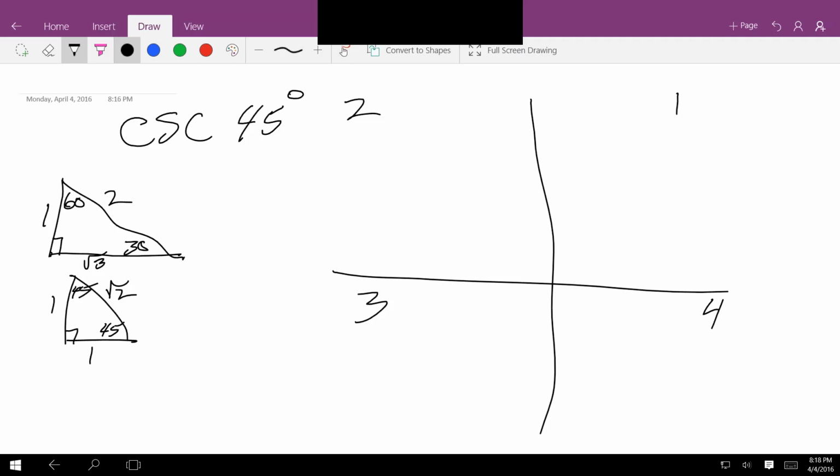Okay? You're familiar with SOHCAHTOA? I wonder how they taught these before somebody came up with SOHCAHTOA, because every single trig student gets SOHCAHTOA now.